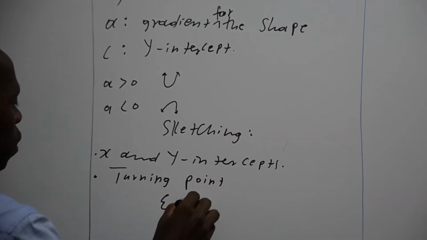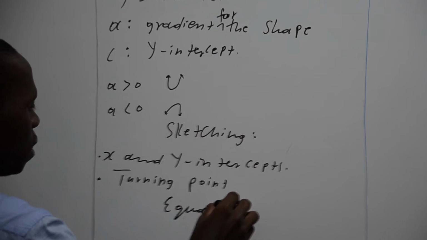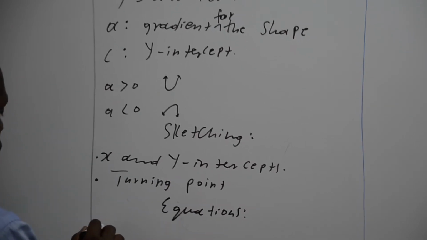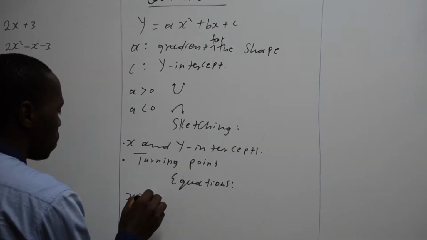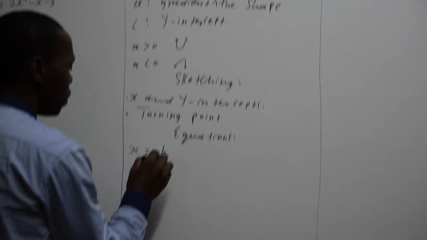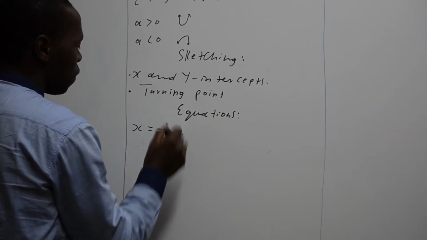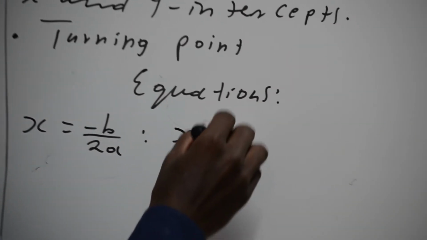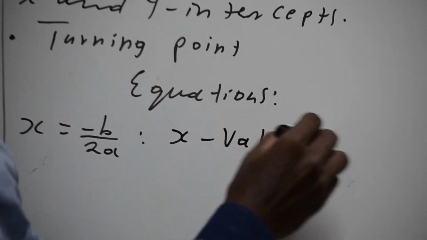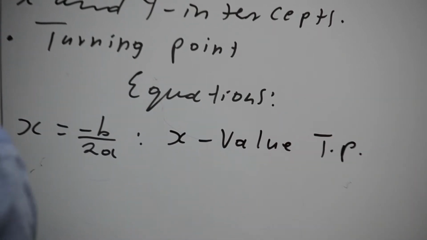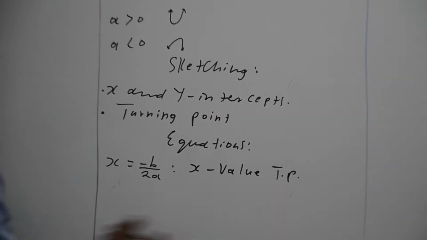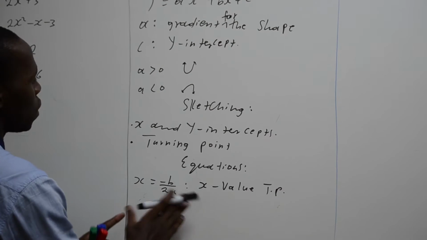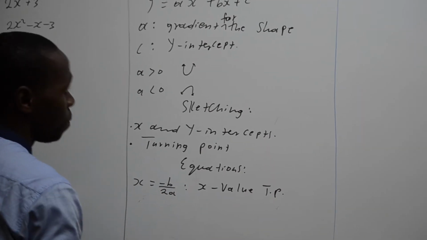If we need standard equation njengezi besinazo, une equation ethi x is equal to minus b over 2a. This is for x value a turning point. Then take the x value and substitute in the original. That is only what we need with parabola.